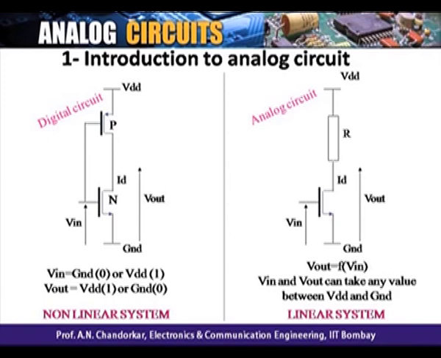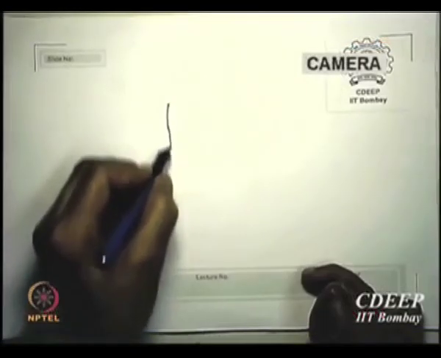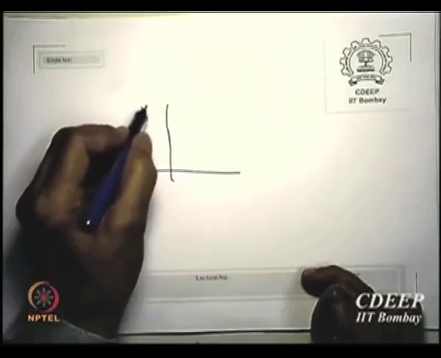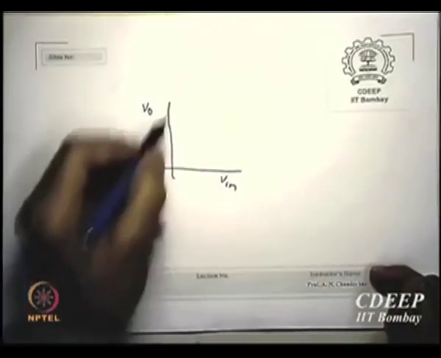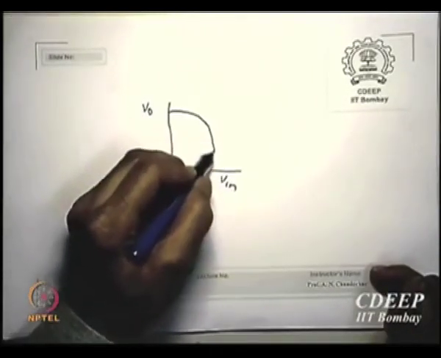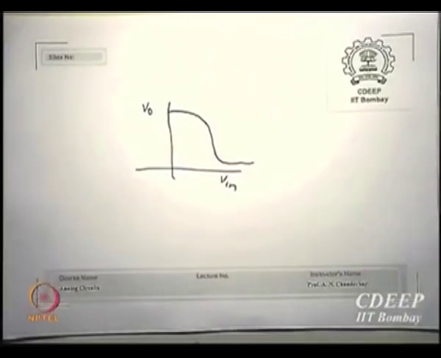But in the case of analog circuits, we only operate... this is the transfer characteristics of an inverter, which you just now saw, the CMOS inverter.